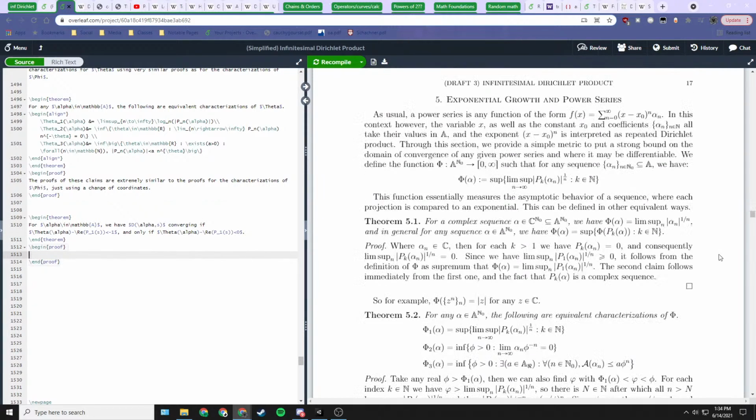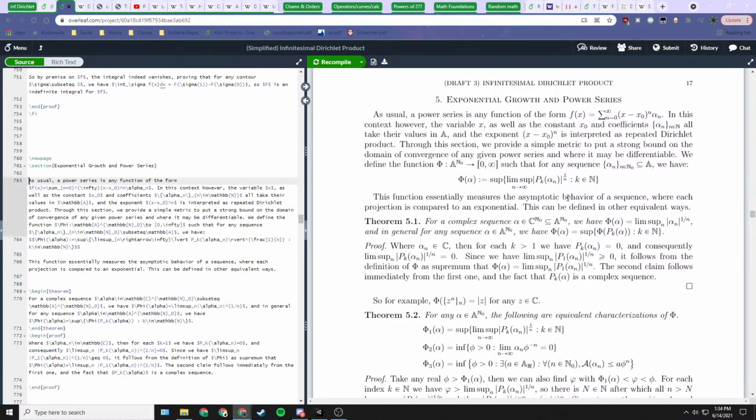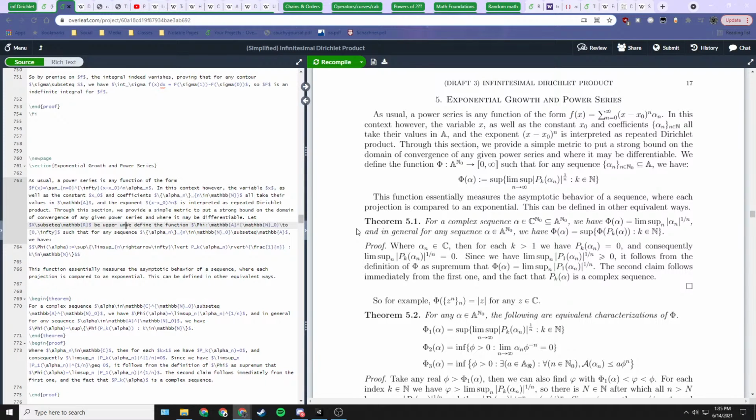So we're going to generalize this function. Let's see. So let X be a subset of the reals, upper unbounded.